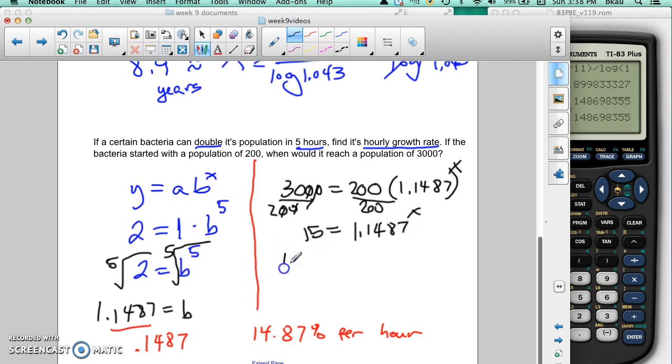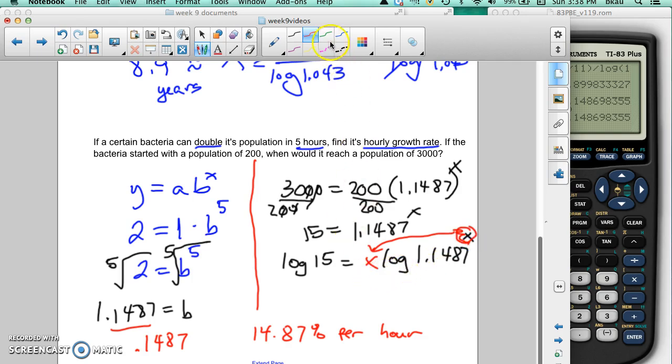We're going to take the log of both sides. We're going to move this exponent down to the front. So it becomes x here instead of there.